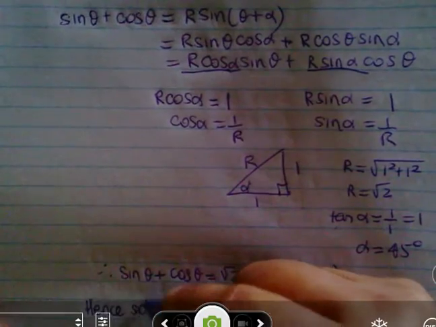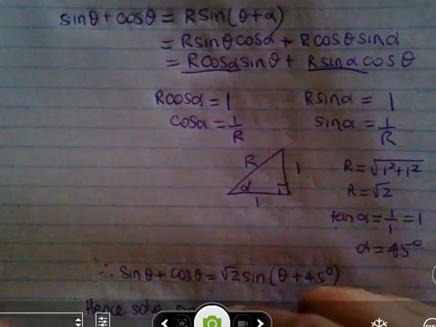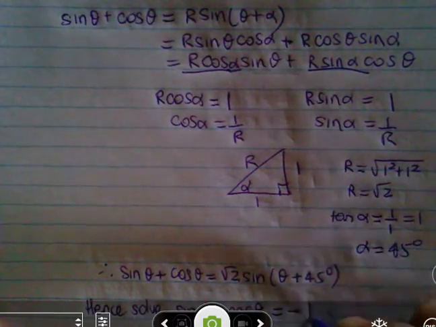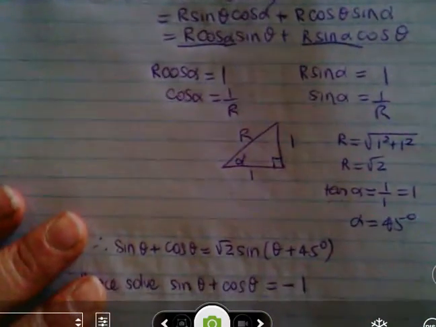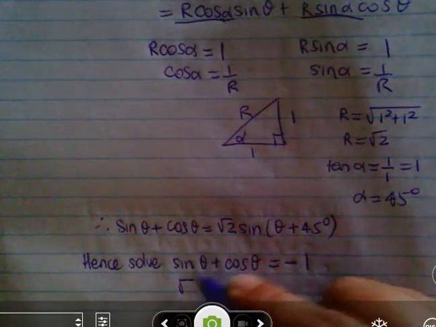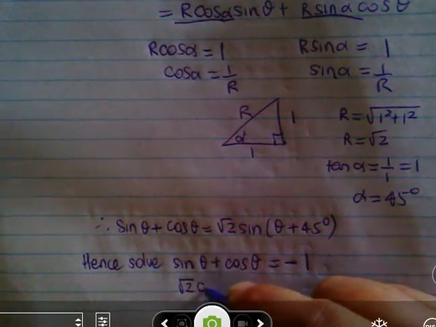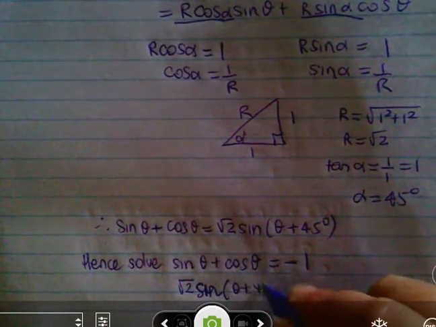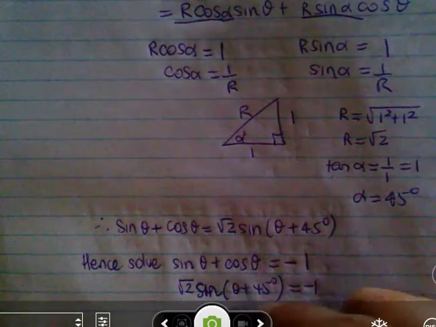And the second part of the question is to solve sine theta plus cos theta equals -1. To solve sine theta plus cos theta is -1, we're really solving root 2 sine theta plus 45 degrees equals -1.